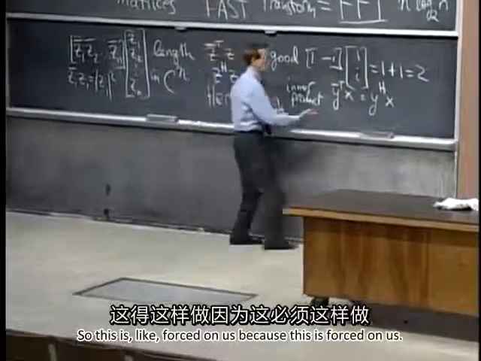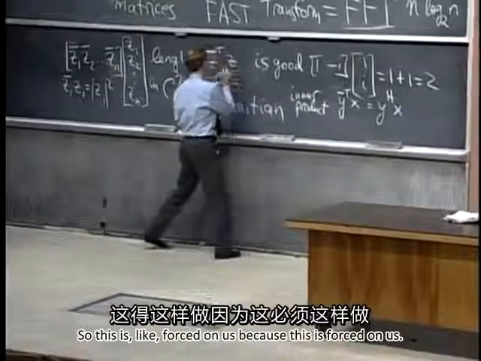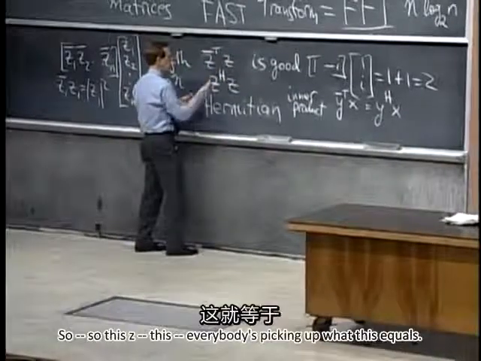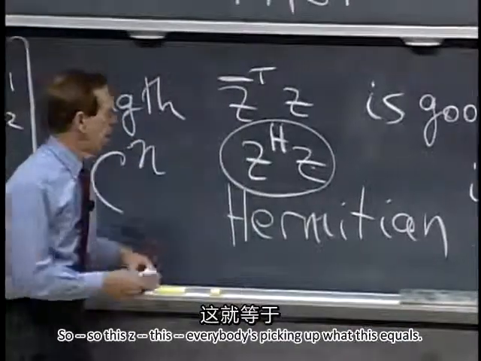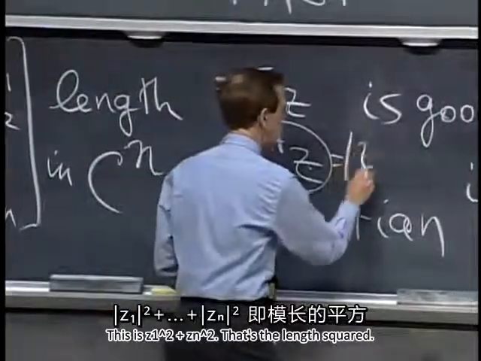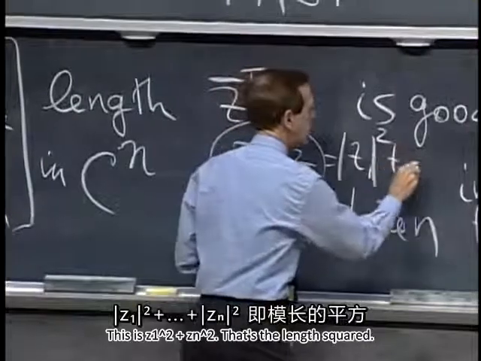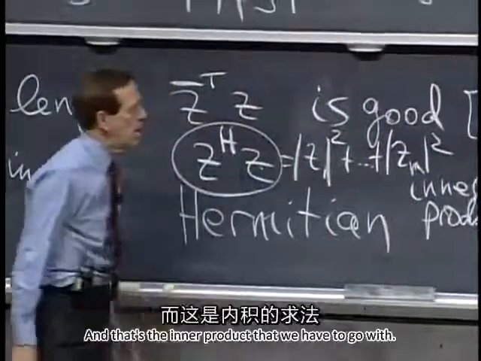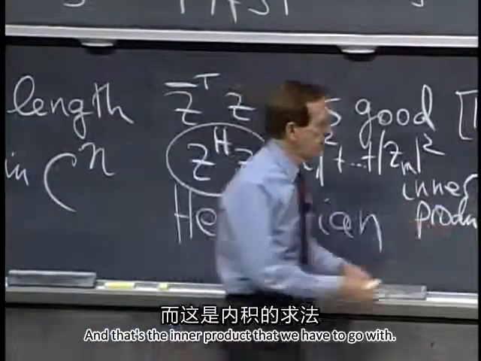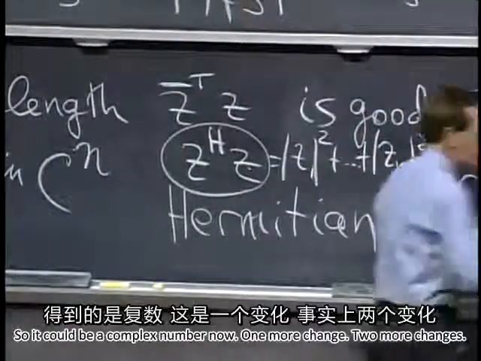So this is forced on us. This equals the sum of |z1| squared through |zn| squared. That's the length squared. And that's the inner product that we have to go with. So it could be a complex number now.